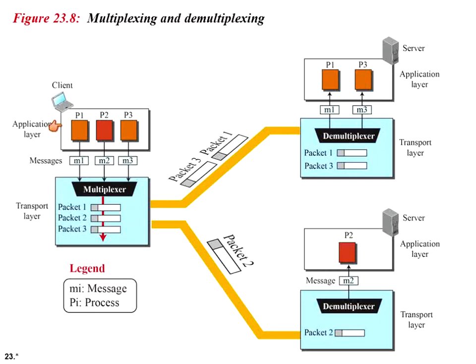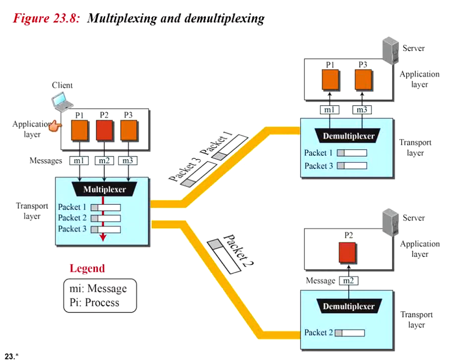The processes P1 and P3 need to send the request to the corresponding server process which is running in a server. The client process P2 needs to send a request to the corresponding server process running at another server.